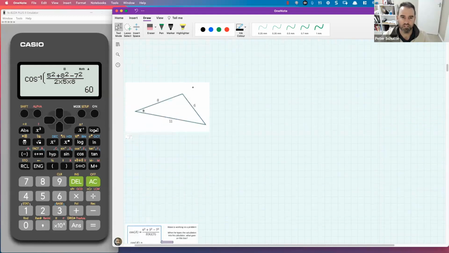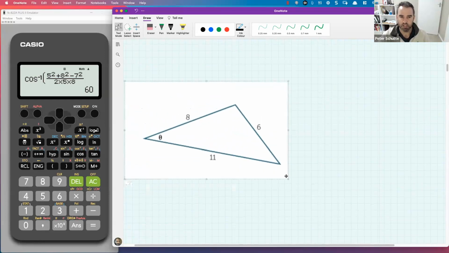Let's do another one of these. Find me angle theta in this triangle. So everyone, if you can find me angle theta in this triangle. And I'm not going to give you too much help unless I receive a question.